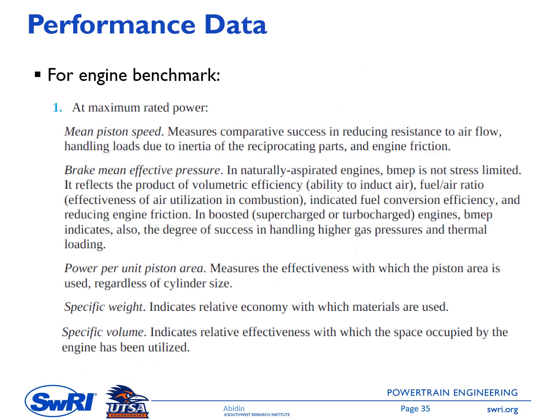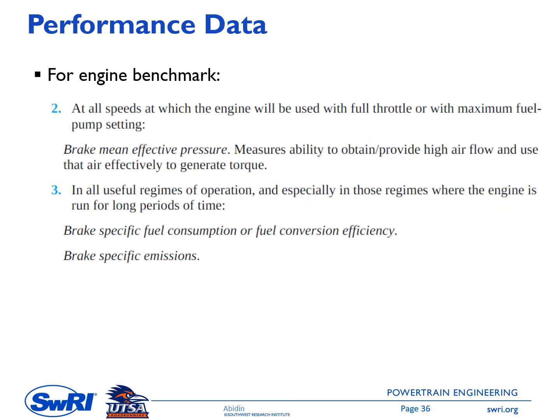Next one is the engine benchmark. So we can use these parameters to do the engine benchmark. For example, at maximum rated power, what is the mean piston speed, and then the BMEP, and then power per unit piston area, so this P over AP. And then we can also make comparison of the specific weight and specific volume.